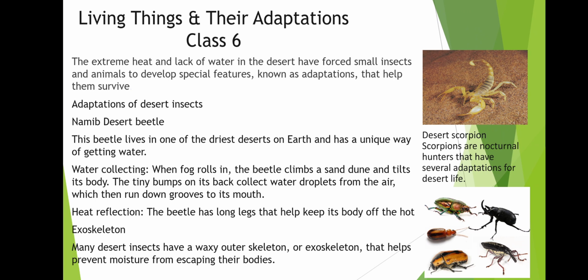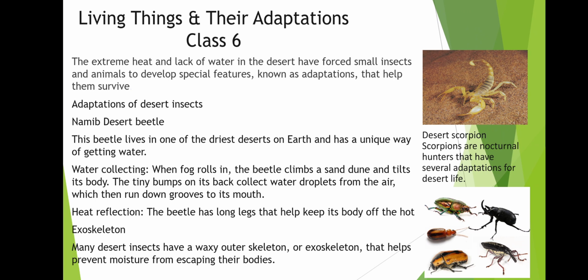Heat reflection: the beetle has long legs that help keep its body off the hot ground. Many desert insects have a waxy outer skeleton or exoskeleton that helps prevent moisture from escaping their body.